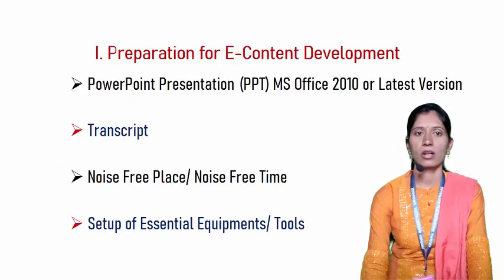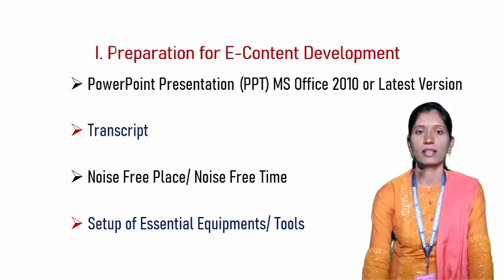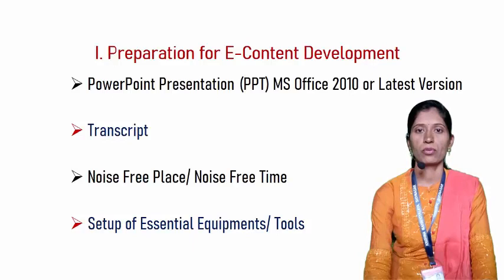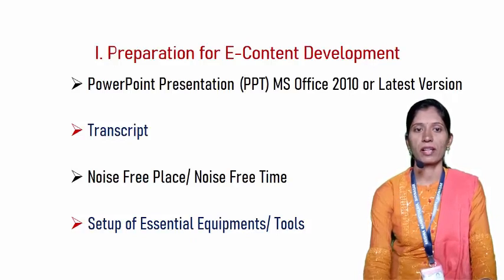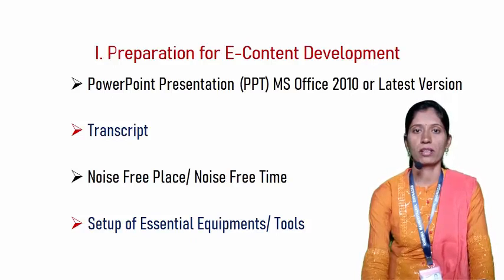Let us see the outline of the first part, that is preparation for e-content development. There are 4 main things to consider while preparing for e-content development. First is the PowerPoint presentation, then the transcript, a noise-free place and time for recording, and connecting the necessary equipment for recordings.